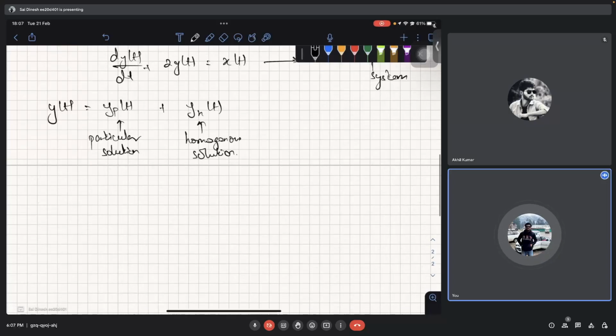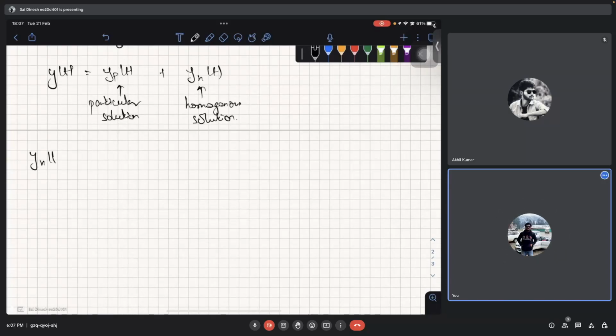The homogeneous solution y_h(t) is the output when the input is 0, also known as the natural response of a system.